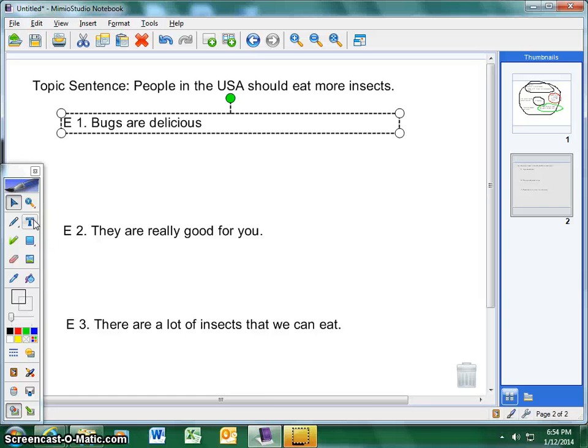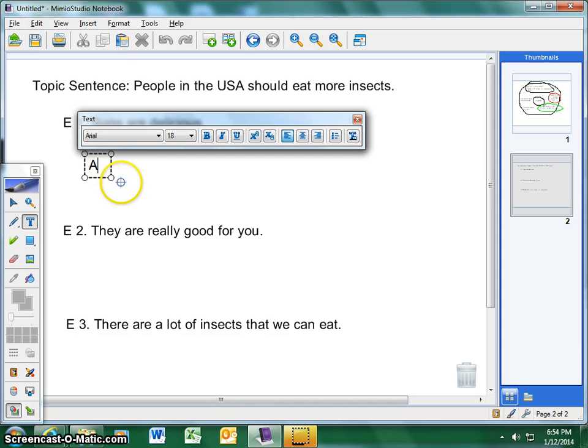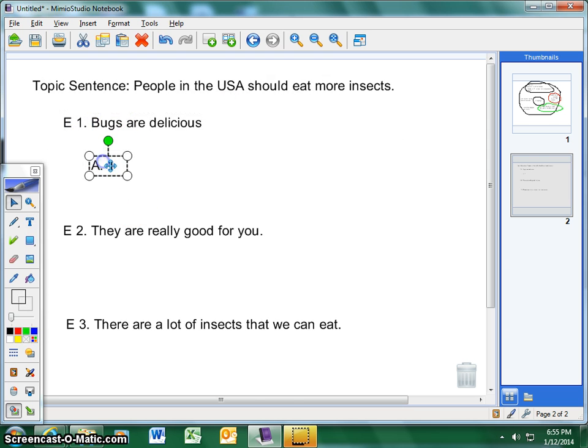When we're writing to explain, like we are right now, we are going to give more information about the evidence most of the time. So, what more information can I give about evidence number one? Evidence one is bugs are delicious.